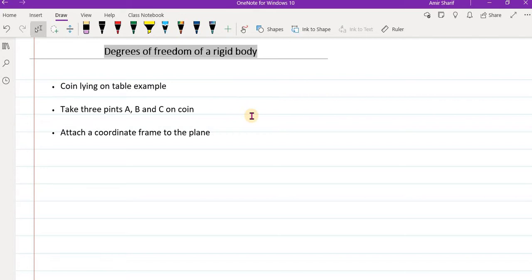So now we try to calculate the degrees of freedom of a little bit more complex scenarios. Okay, let's see an example. We shall take the same example as we did in the previous slide: a 2D coin, or a coin in a 2D plane.